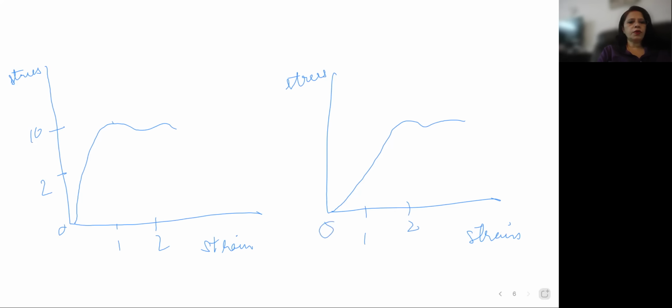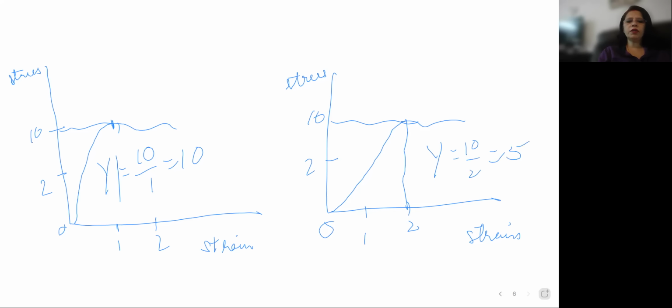Now, you can see here, what will be your Young's modulus at this position? 10 upon 1, that is 10. What will be Young's modulus over here? Your Young's modulus will be 10 upon 2, that is 5. So Young's modulus of this material is more than this.